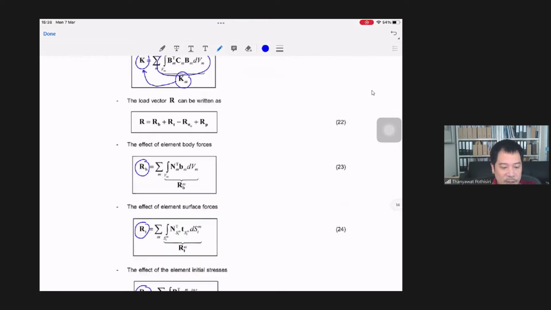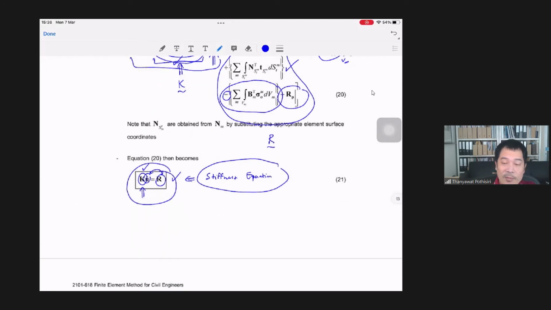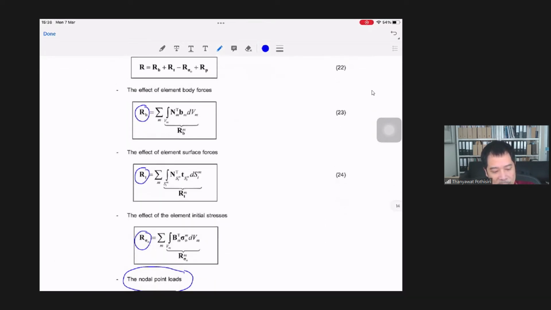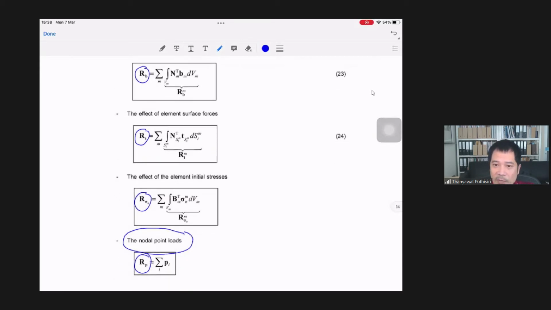So it means that in order to be able to use this form of equation to solve your problem, you need to be able to somehow write all these load vectors in corresponding forms with the nodal quantities, or write these load vectors as components at the degrees of freedom at the nodes. How we can do that will be discussed later on. But for now, the question remains on how we can write this at the degrees of freedom.